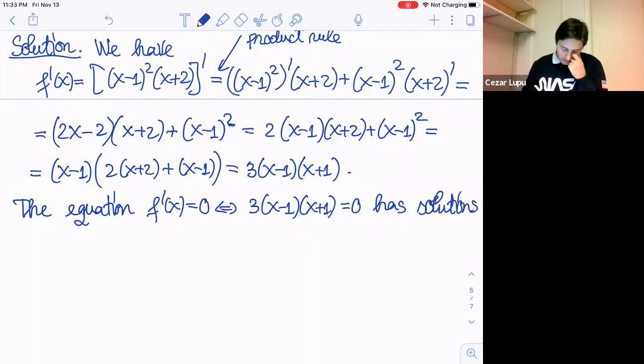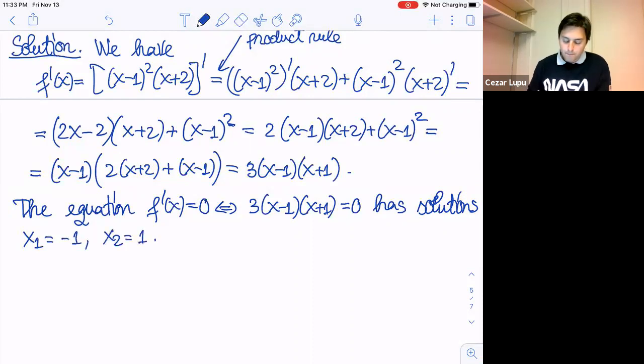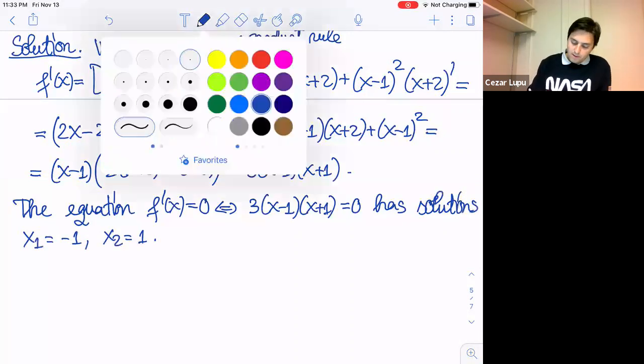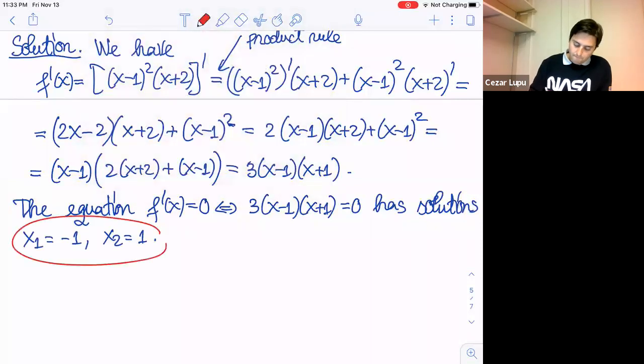The solutions of this equation are x1 equals -1 and x2 is 1. So in other words, these two guys here we'll call the critical numbers.